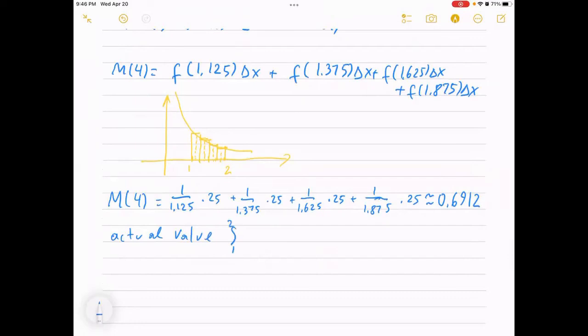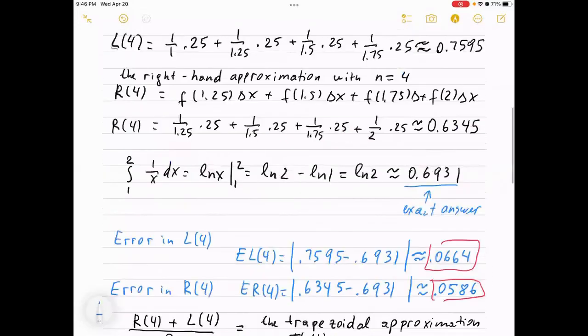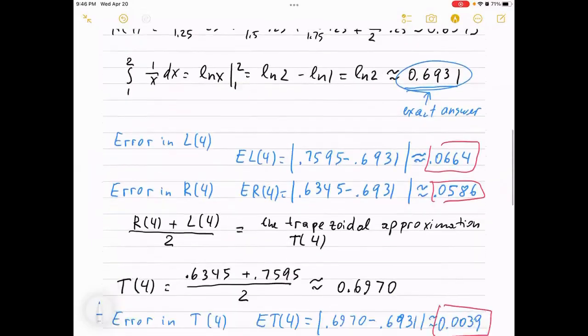Recall that the actual value of the integral from 1 to 2 of 1 over x dx, we calculated somewhere here. So the actual value is 0.6931.